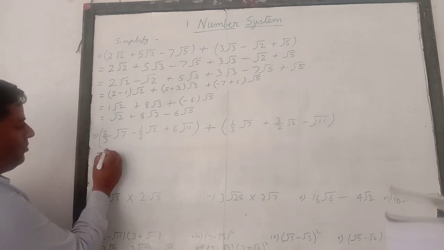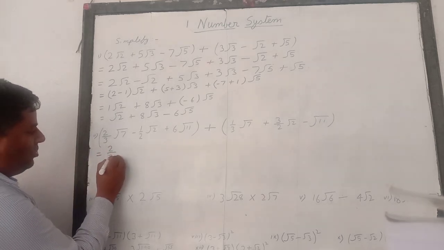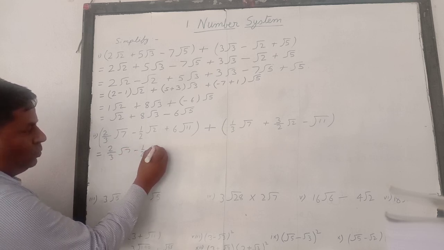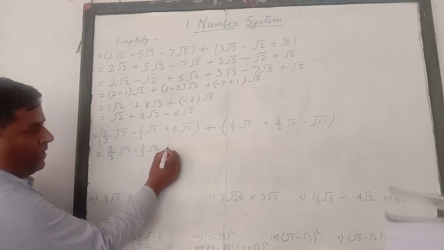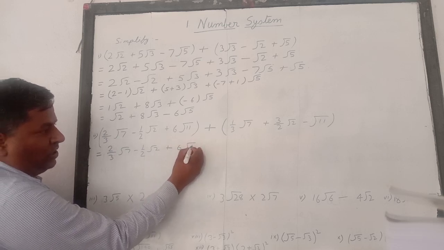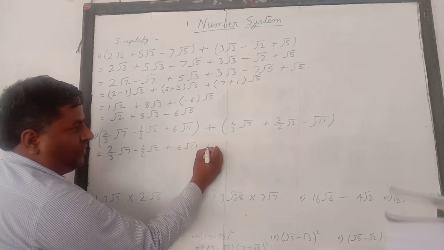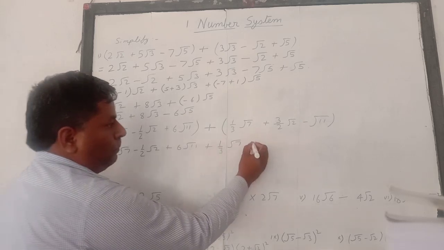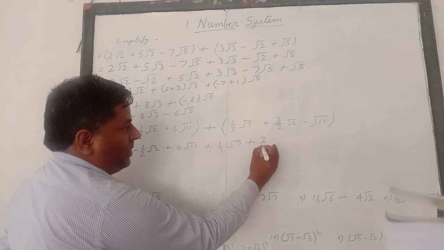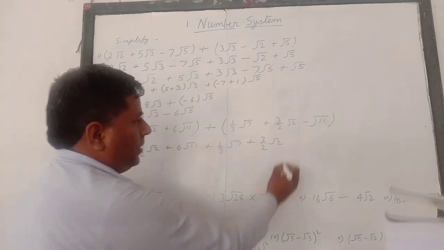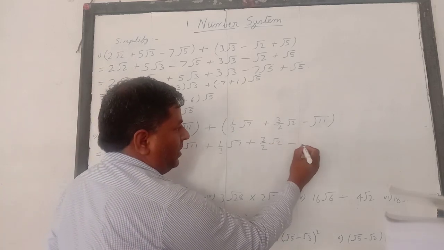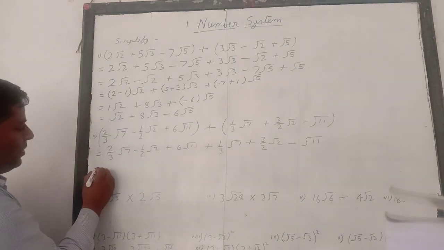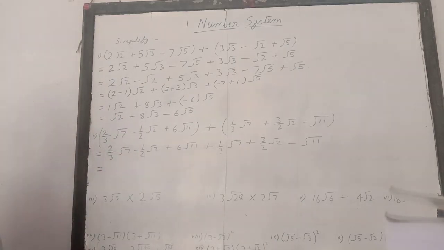So we write this is equal to 2 by 3 root 7 minus 1 by 2 root 2 plus 6 root 11 plus 1 by 3 root 7 plus 3 by 2 root 2 minus root 11. Now like the first, we have to arrange according to the root.